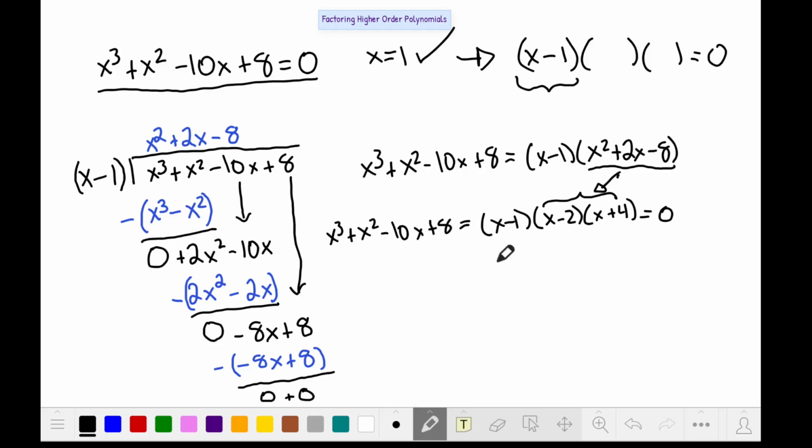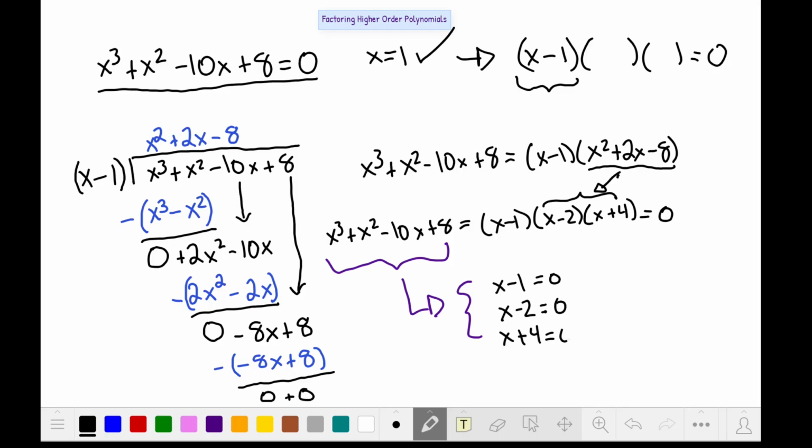And so now we actually have 3 different factors that multiply to 0. So instead of having this really big ugly mess over here, I now have a set of 3 equations. I have x minus 1 equals 0, x minus 2 equals 0, and x plus 4 equals 0.